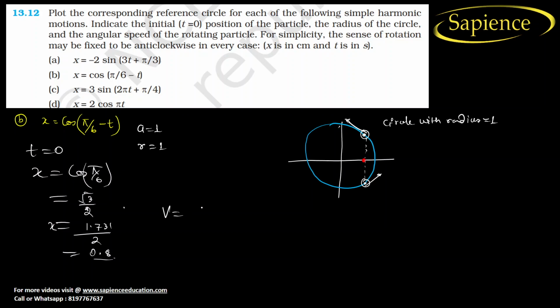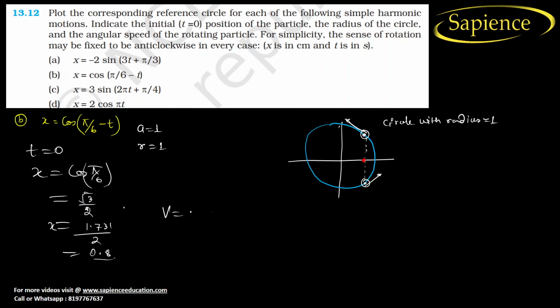So if we find the velocity, velocity v is equal to cos. So the differentiation of cos is equal to minus sine. And the coefficient is minus, so minus minus will get plus, so sine pi by 6.